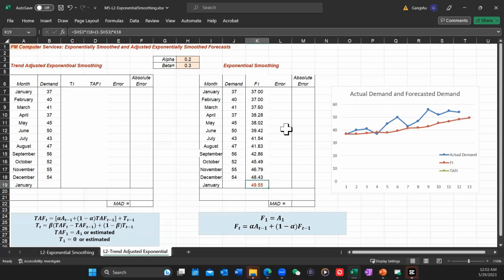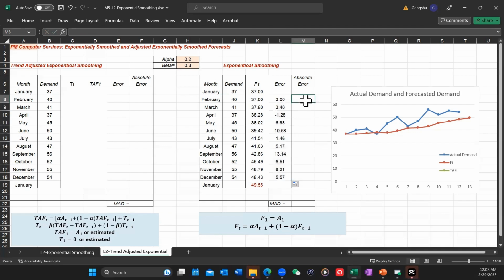Now I'm going to show you how to get the error, the deviation, which will be equal to demand minus the forecasted data point. And we say yes. I did not calculate the deviation for the first data point because they are the same. So I just fill the rest of the data points.